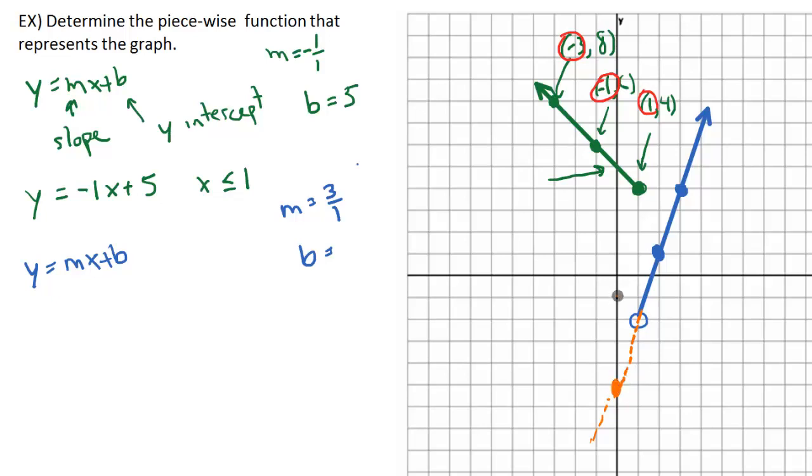And then if I count down 1, 2, 3, 4, 5, you know that the y-intercept will be at negative 5. So we could fill that in as well. And if you think about the slope, if this is our y-intercept, we know our slope is 3 over 1. We go up 1, 2, 3 over 1, and there would be another point.